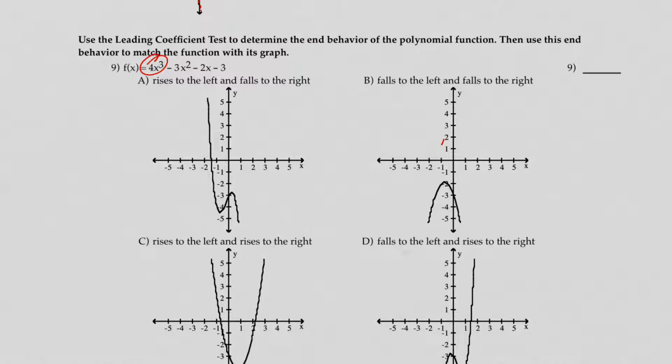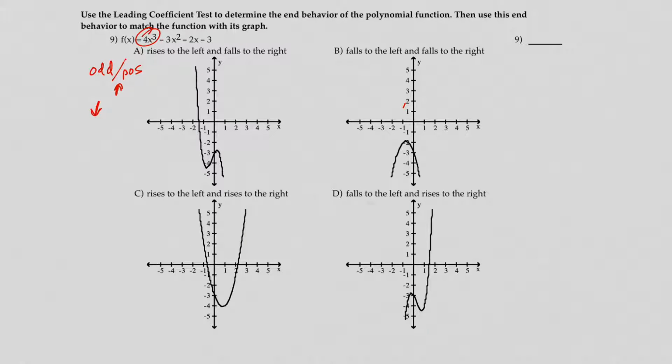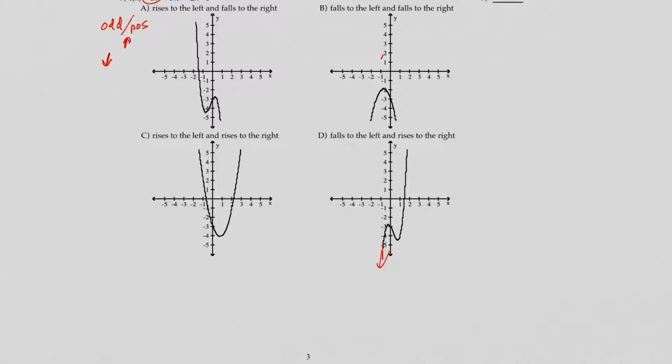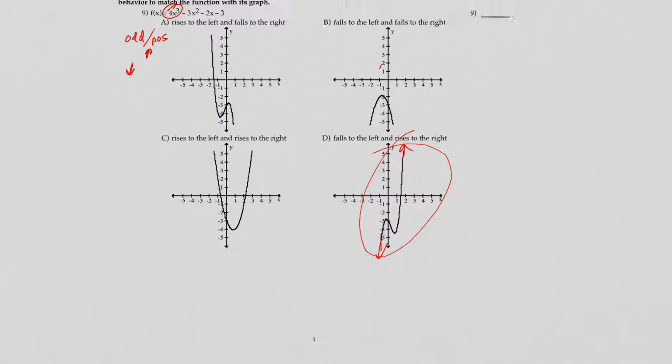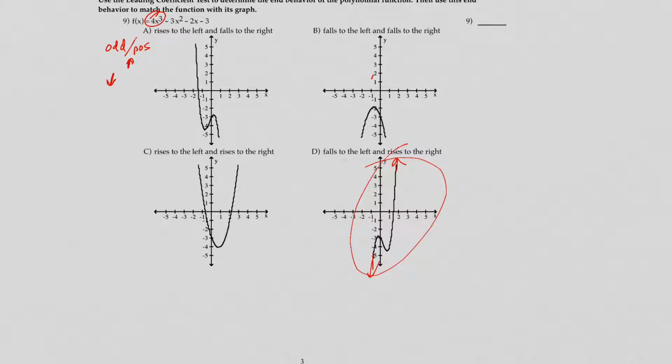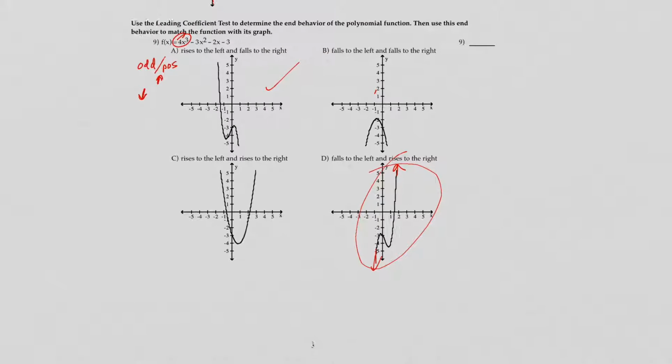And because that is a positive, so it's odd, and it's positive, so it's going to be basically like this. And the only one that looks like that would be D. So there's my end behavior right there. Now if it would have been negative, then we would have chosen A. And if it would have been even, then we would have looked at C or B.